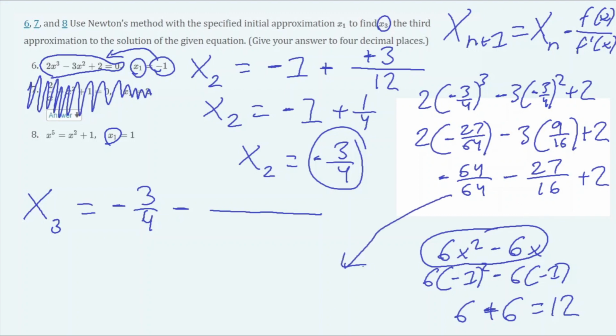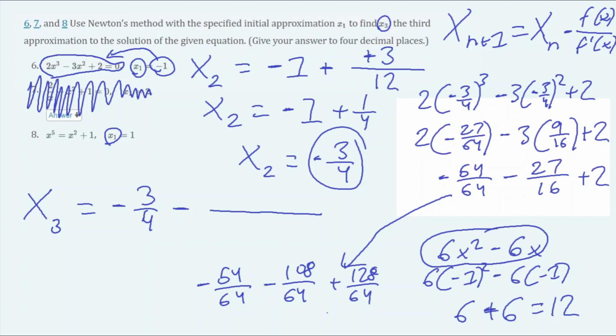So we're going to multiply this fraction over here by 4, and then this, we're going to put it over 64. So we're going to multiply by 64. So we're going to have -54 over 64 minus 27 times 4, which is going to be 108 over 64, and then plus 128 over 64.